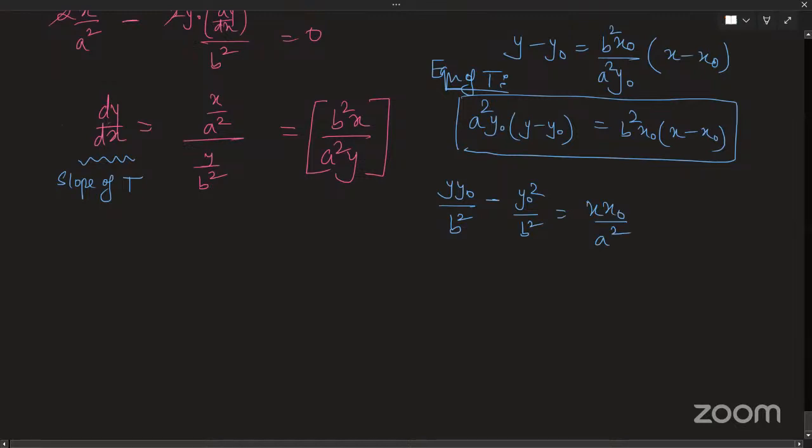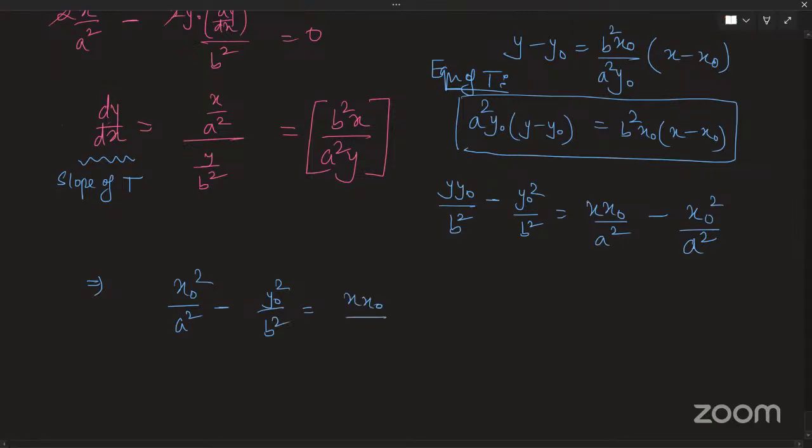I've taken b square to the left and a square to the right minus x naught square by a square. So I can write this equation as x naught square by a square minus y naught square by b square is equal to x naught by a square minus y naught by b square.